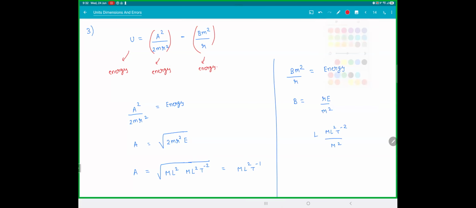I'll put a square bracket like this, so that means these are dimensions. Yeah, this would be M power minus 1 L cube T minus 2. Any doubts on this? Sure, how we did this? So you compare. Each term must be the dimension of an energy term.